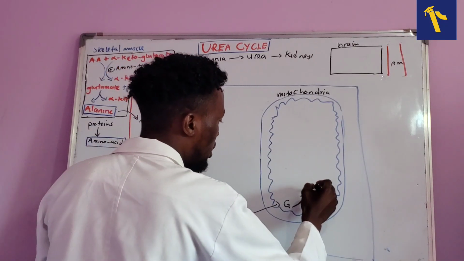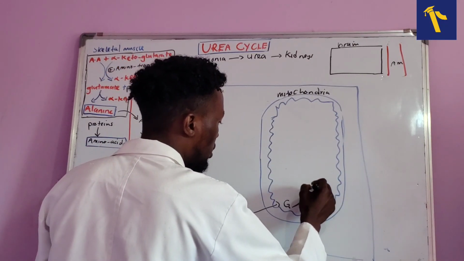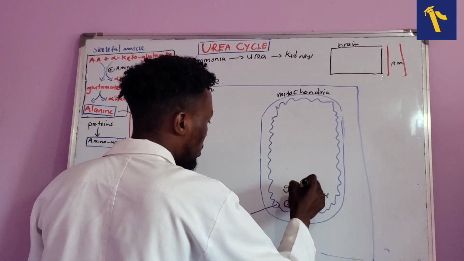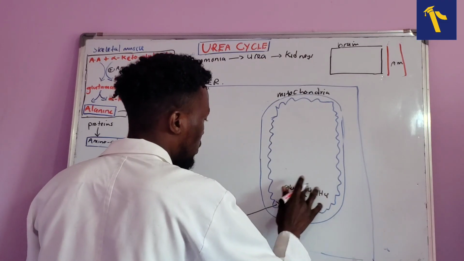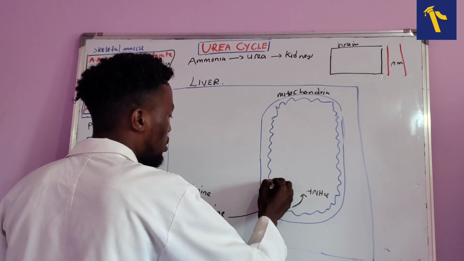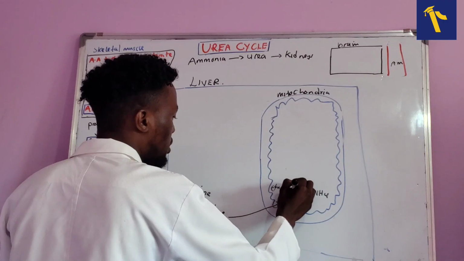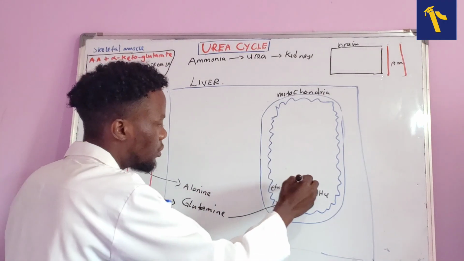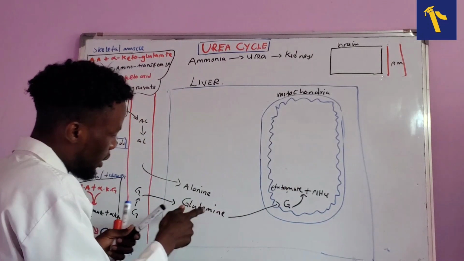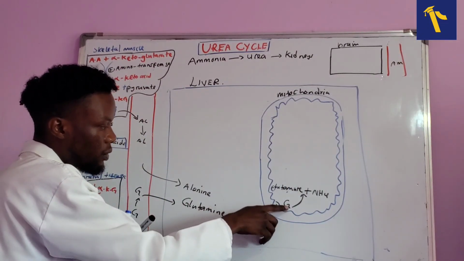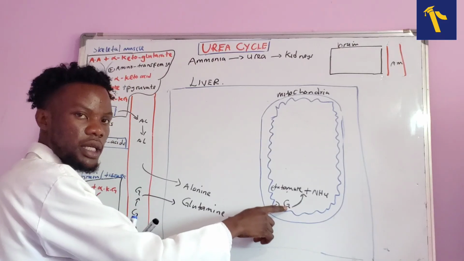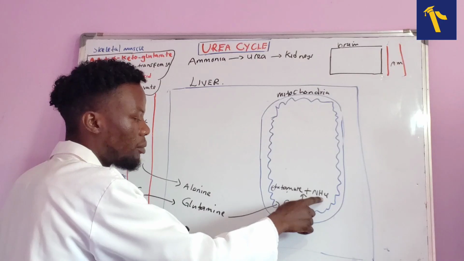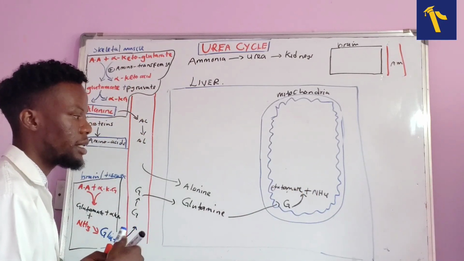So I'm going to say ammonia plus glutamate. So the moment this glutamine enters into the mitochondria of the hepatocyte or the liver cells, it will be converted into glutamate and ammonium. Ammonia or ammonium is just the same thing.